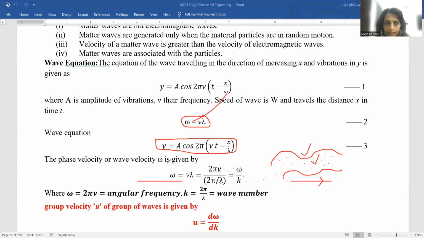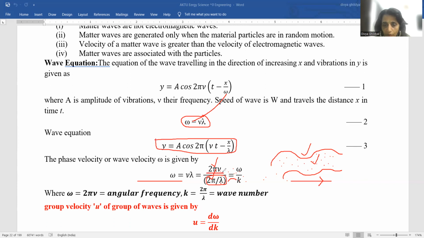Now, there is another equation. I can write it in terms of this wave constant number k. So omega is equal to mu into lambda. I multiply numerator and denominator by 2 pi. It makes no difference. And once I get 2 pi by lambda, this is known as wave number k. So I get 2 pi mu.